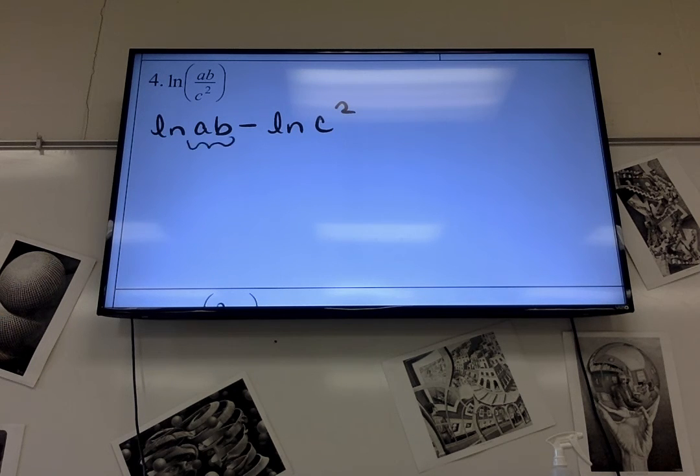Then I have two that are multiplied, so that's addition. So the natural log of A plus natural log of B. And then I have this power, so that goes in front. So minus 2 natural log of C.